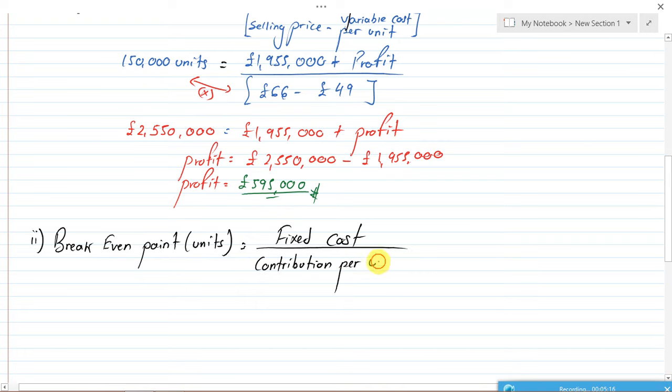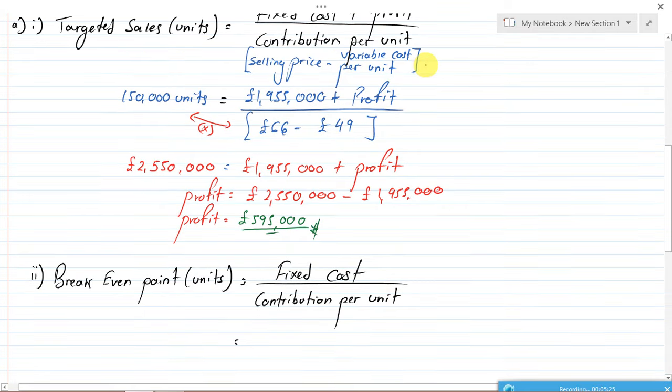Contribution per unit. But you need to show the breakdown again for the contribution per unit because we already have done over here. So over here, you don't need to do again the breakdown.